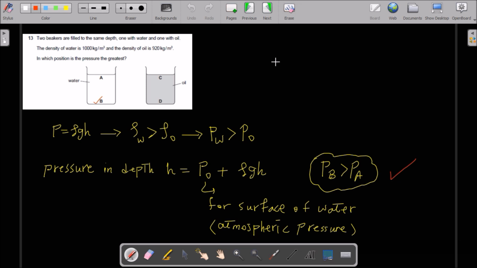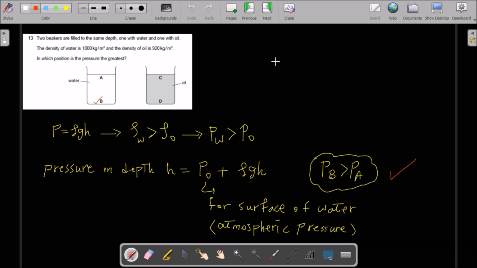So rho, which is density of water, is more than density of oil. That's why pressure for water is more than pressure of oil. So now we should choose between A and B because pressure for water is more.